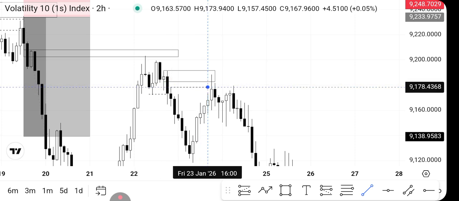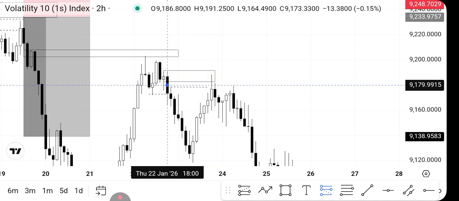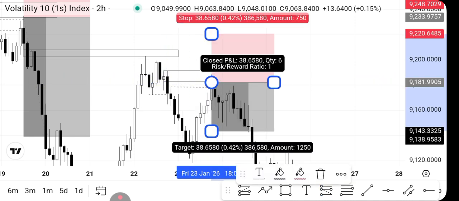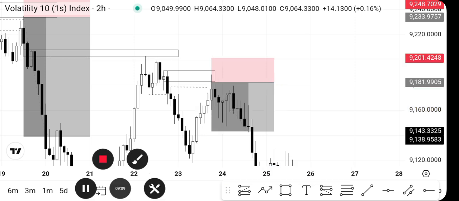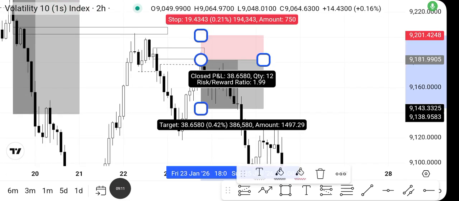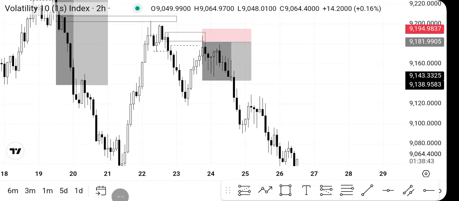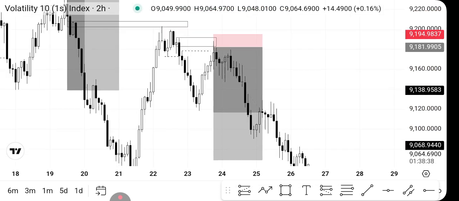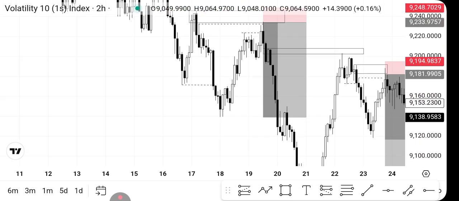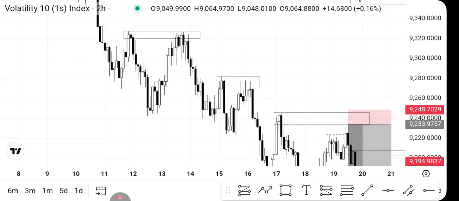And the market picks from the origin, which is this, and then starts selling. So market peaks into the origin and then sells. So let's see another one. It's as simple as this for you.